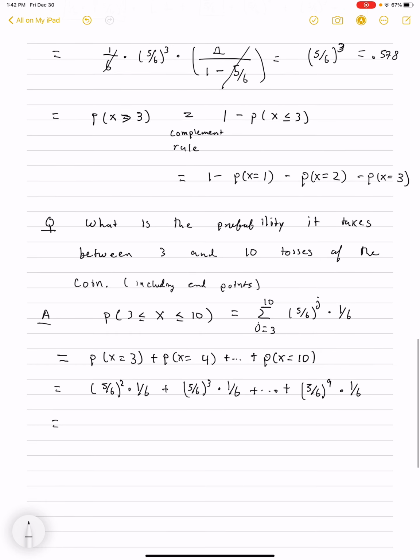Okay, and I'm going to do that by pulling out a 1/6 as I did before, pulling out a 5/6 squared, and I'll get 1 plus 5/6 until, well, the last term will be, I already have the 1/6 accounted for, and I already have 5/6 squared accounted for, so this will be 5/6 to the 7th.